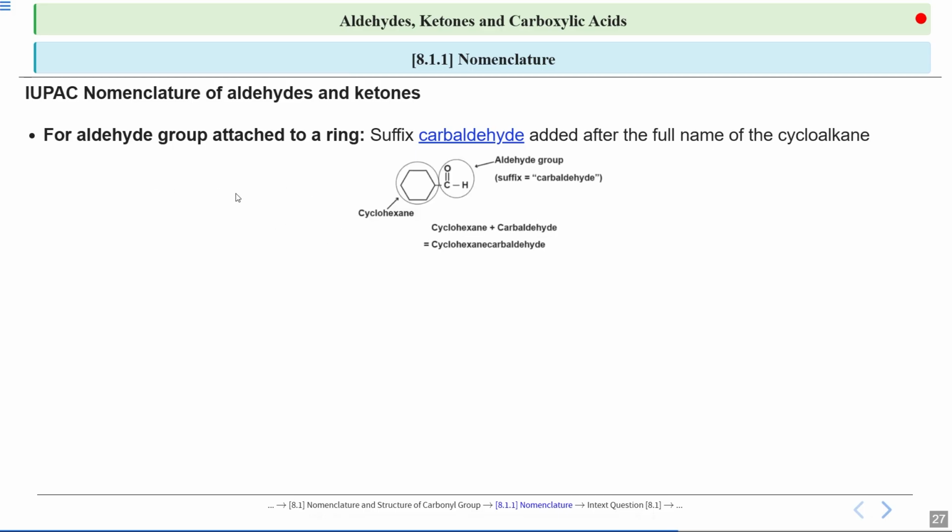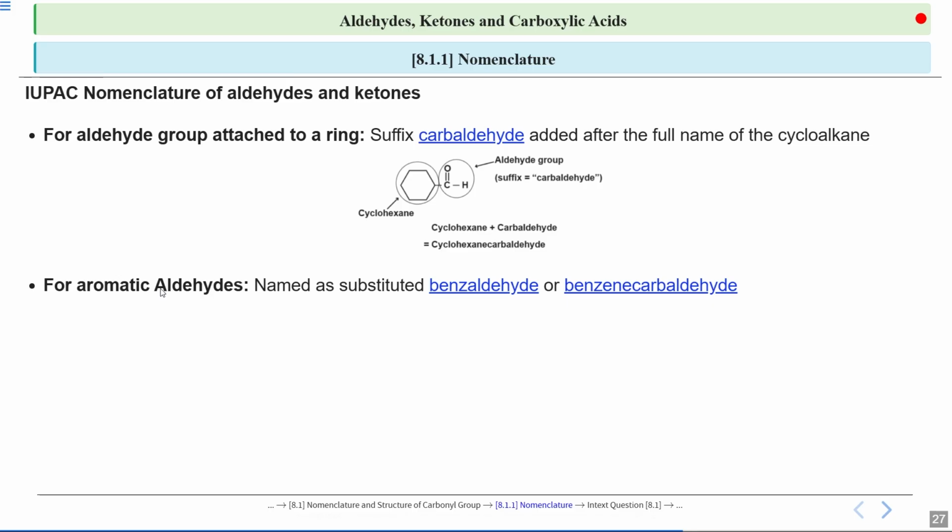If you look over here, students, this is a ring to which an aldehyde group is attached, C double bond O H. So how do you name this particular compound? The suffix carbaldehyde is added after the full name of the cycloalkane. So what is the name? It is cyclohexane, hexane because there are 6 carbon atoms. So cyclohexanecarbaldehyde. This is the name of this particular compound.